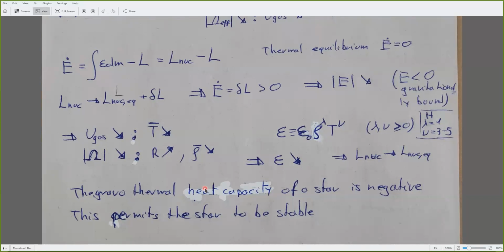When the gas collapses, it goes to more negative potential energy, and the volume decreases. The star will start to heat, and the opposite, the star will cool. And this is what permits the star to be stable for a longer time.